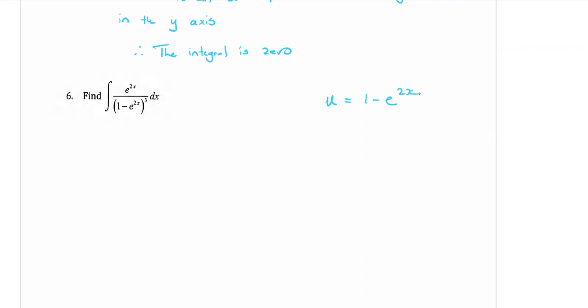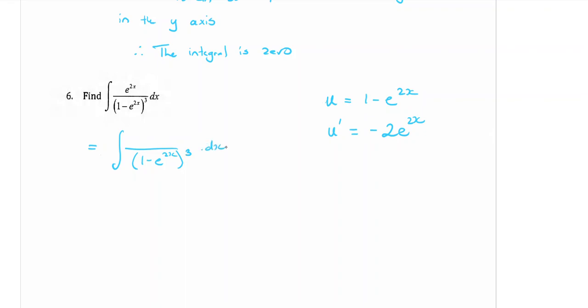If I differentiate, u dash is equal to, the 1 will disappear, the minus will be there, the 2 will come down the front, e to the 2x. Okay, so if I can write my integral where I have the derivative of that bracket on the top, then I can use my reverse chain rule. So here it goes. I have fraction with 1 minus e to the 2x cubed on the bottom there.